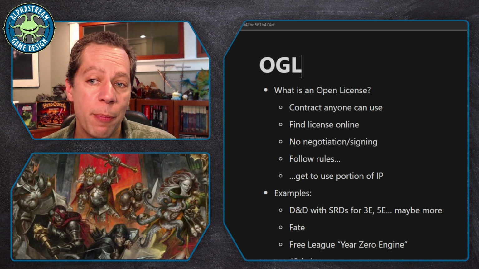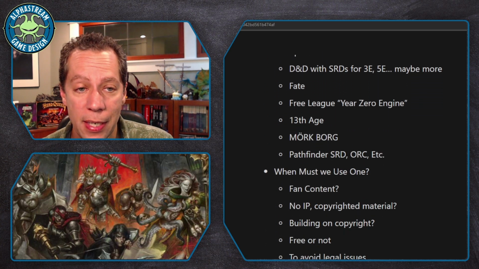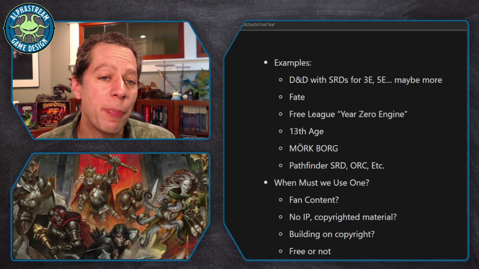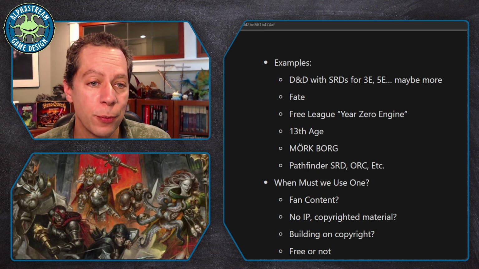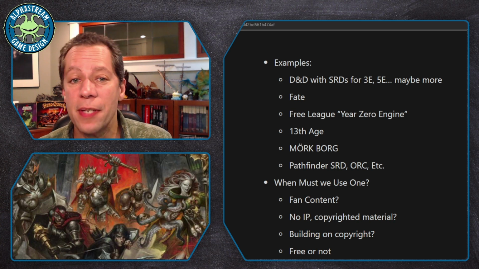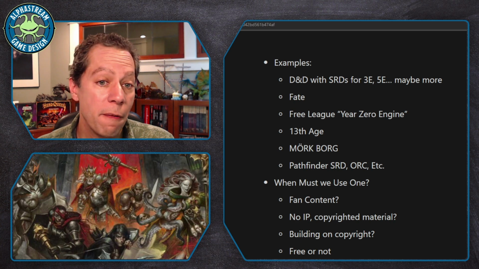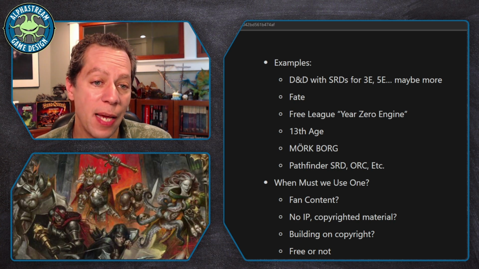There are a number of examples that we can look at. So, for example, Dungeons & Dragons is super well known for its open gaming license, probably the most popular one out there. There are SRDs, or documents that contain rules you can use, for 3rd edition, 5th edition, and the company's saying they're going to add more. Fate is very well known for having had an open gaming license for quite some time.